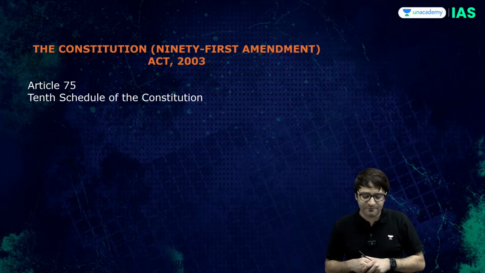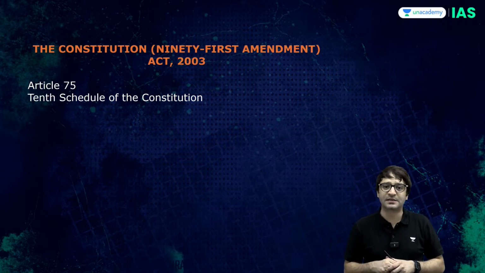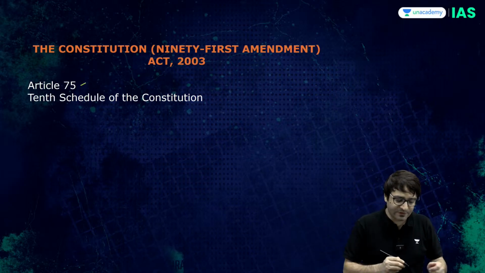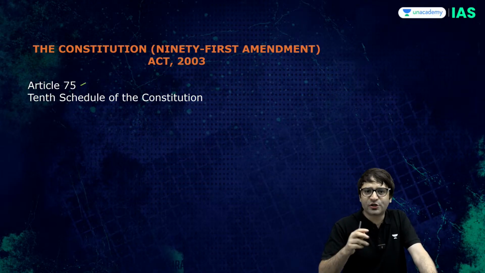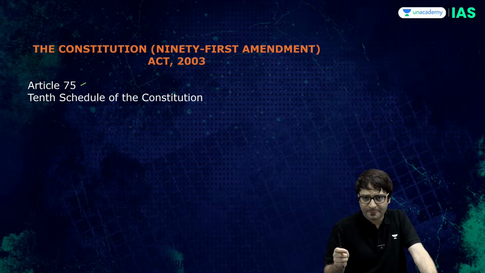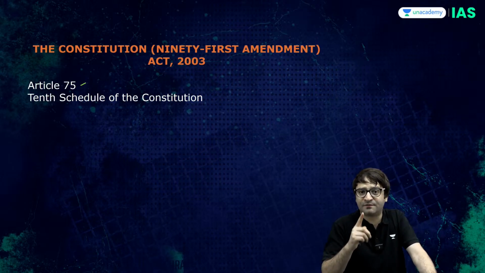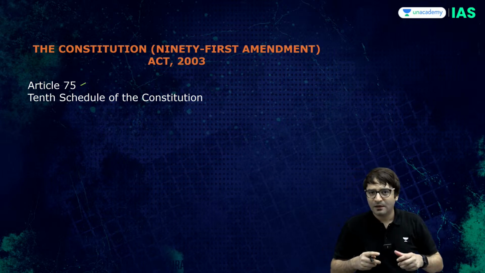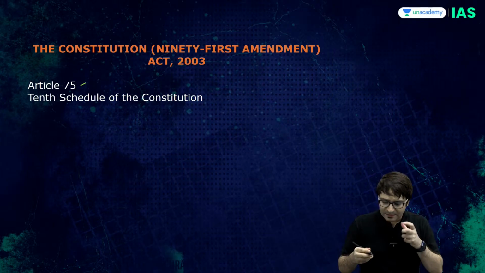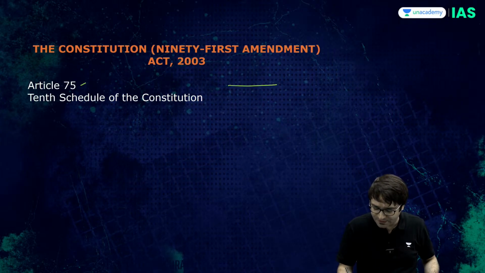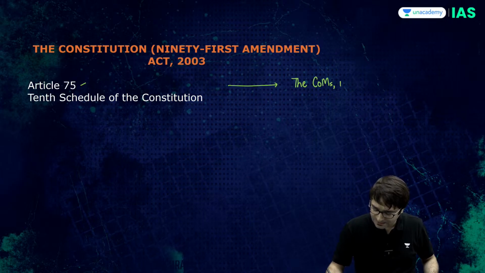Let's look at the 91st Constitutional Amendment Act 2003. Article 75 says the Prime Minister shall be appointed by the President, and all the other ministers shall be appointed by the President on the advice of the Prime Minister. But what would be the composition of the Council of Ministers?